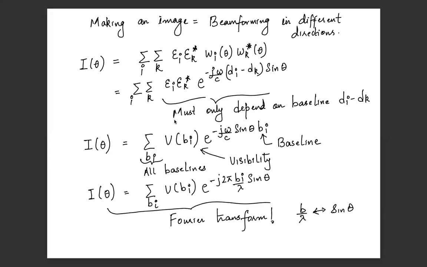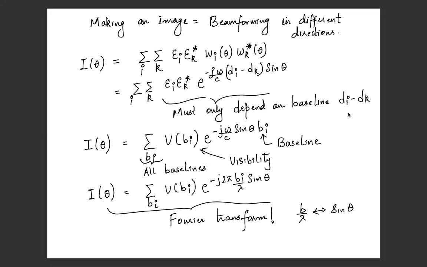Okay, so now there's one more fundamental insight here, which is that this whole expression inside the summation must only depend on the baseline, di minus dk, and not on the absolute location of any antenna. And that just comes from the fact that all of the astronomical sources are really far away.